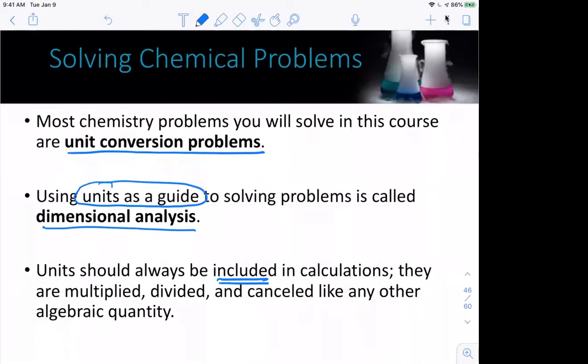If you use this method, your units are going to tell you whether you've set something up correctly, or whether you flipped a conversion factor, or whether it makes sense in terms of the way that you've set up the problem.